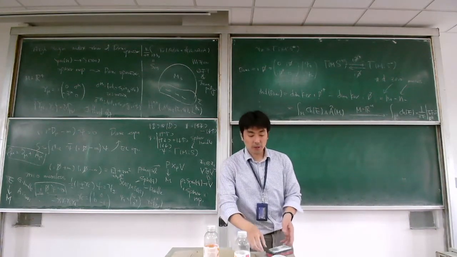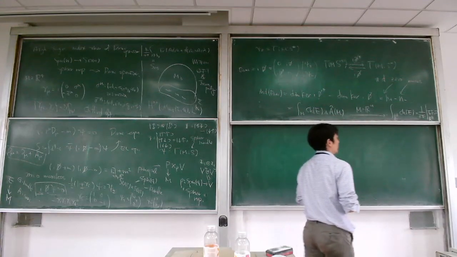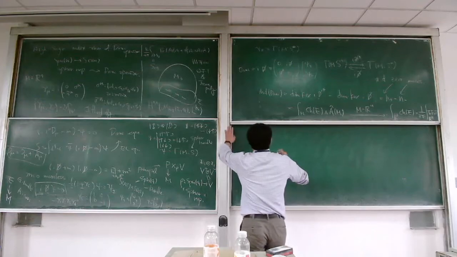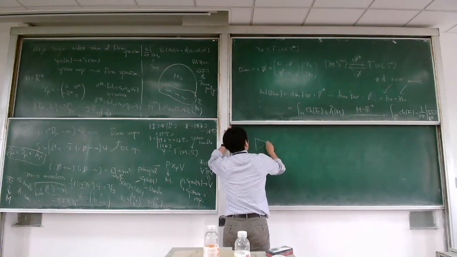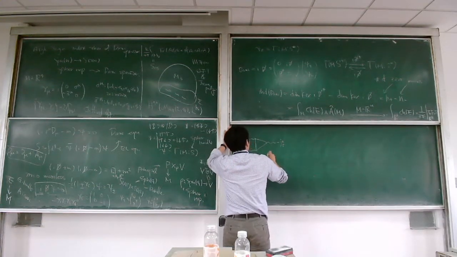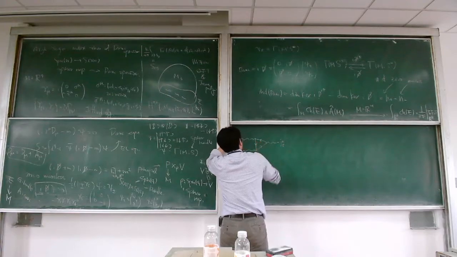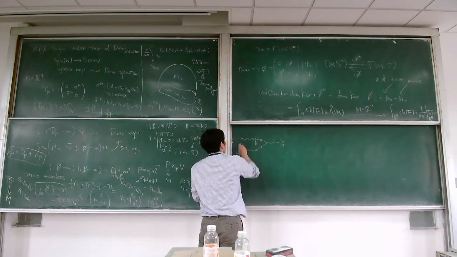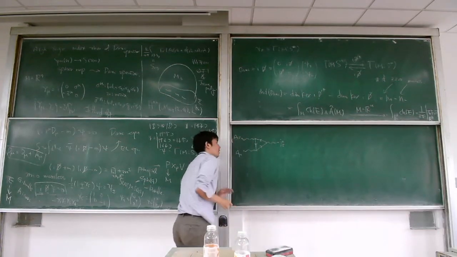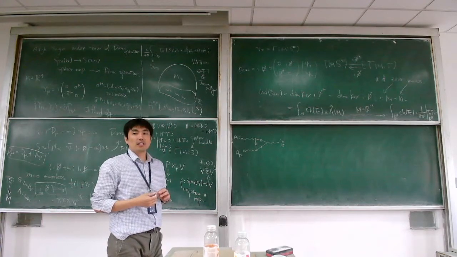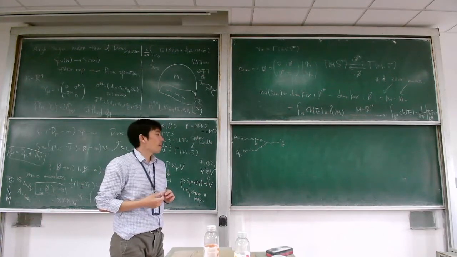If you open Peskin and Schroeder in the later chapter, you will see this kind of diagram. It's a triangle diagram, with the J mu 5 up here, a fermion loop, and then gauge fields. This kind of diagram appears in QCD and so on.